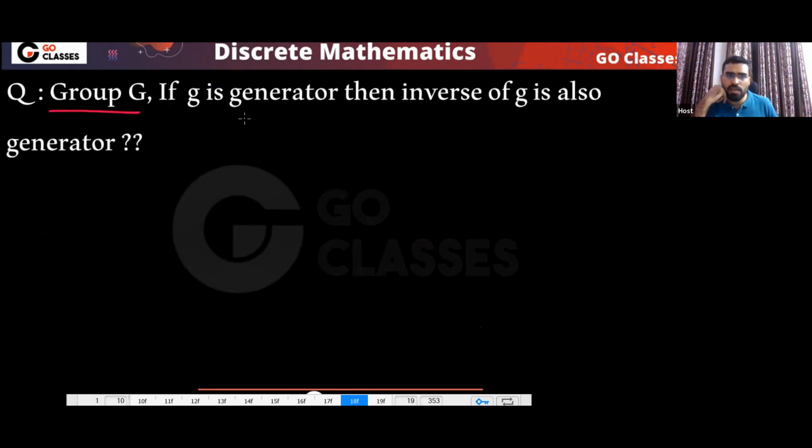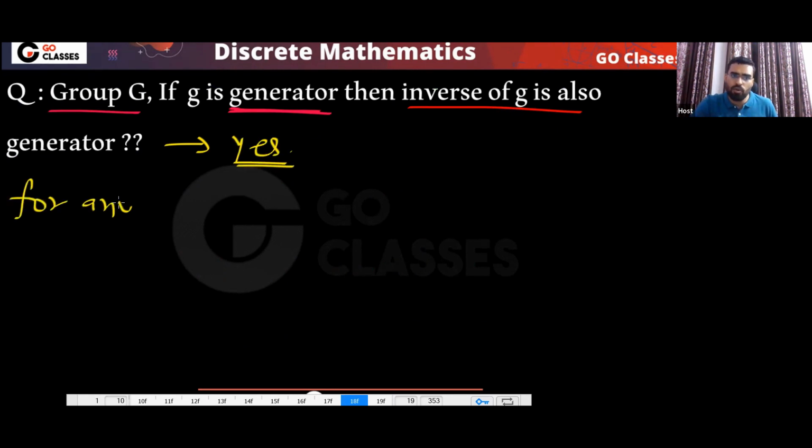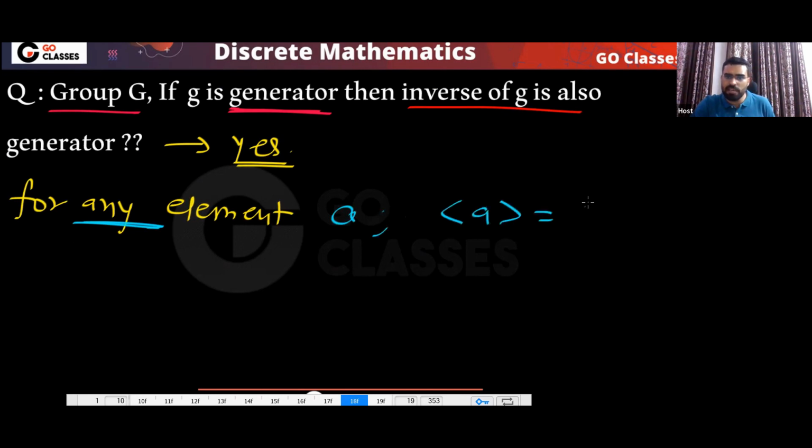This is another question. If G is a generator, then can I say the inverse of G is also a generator? The answer is yes, because you know that for any element A, the subgroup generated by A is the same as the subgroup generated by A inverse.